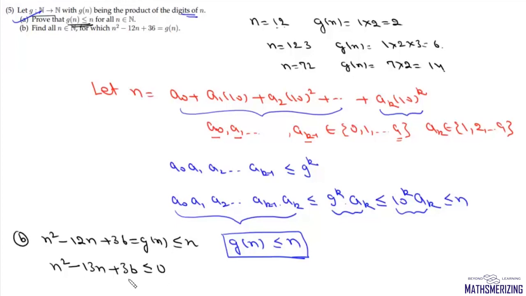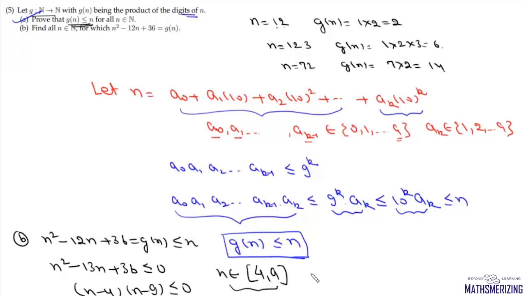Now we can factorize it. n minus 4, n minus 9. So we'll write n minus 4 into n minus 9 is less than or equal to 0. That is, the value of n should lie between 4 and 9. So now from this interval 4 and 9, we need to find all those values of n such that n square minus 12n plus 36 is equal to gn.